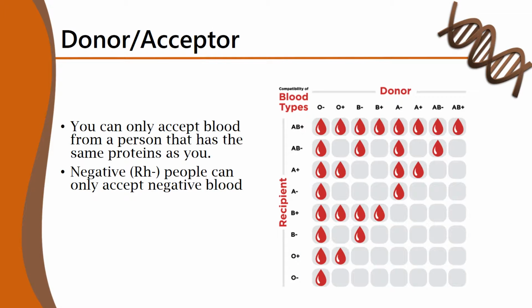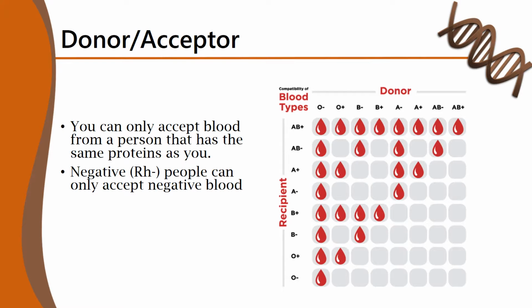So how does this work for donating and accepting blood? You can only accept blood from a person that has the same proteins on their cells as you do. What that means is somebody with A blood type can only accept blood from either type O or type A blood. Now we also know that there's negative blood and positive blood.